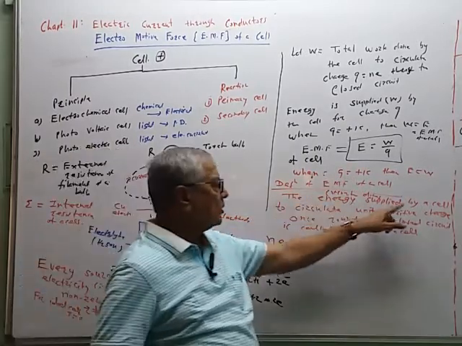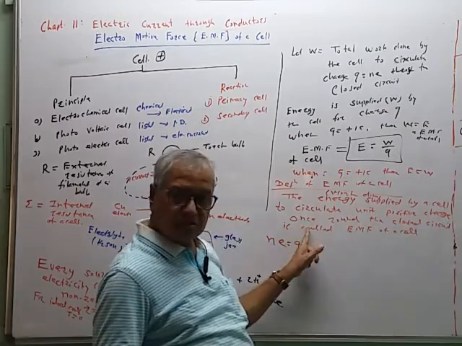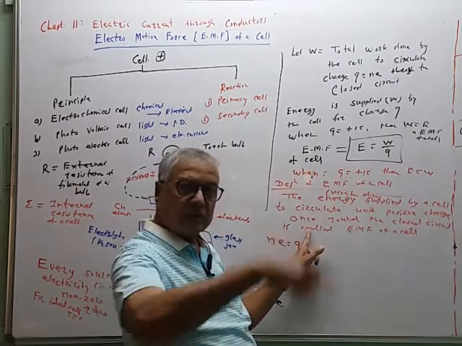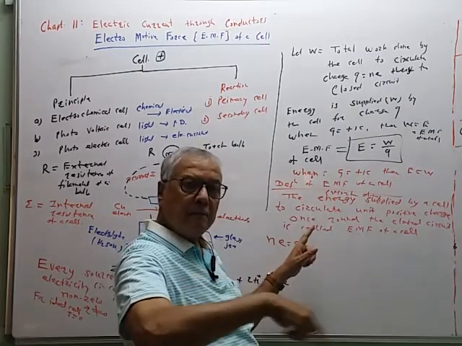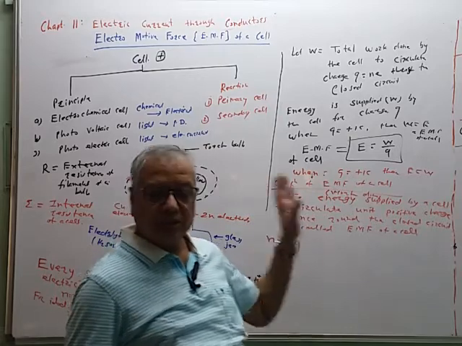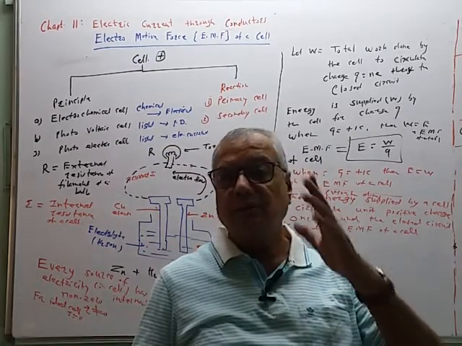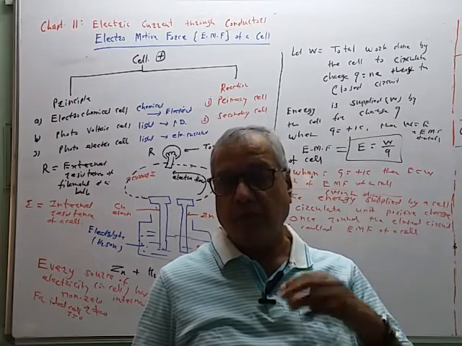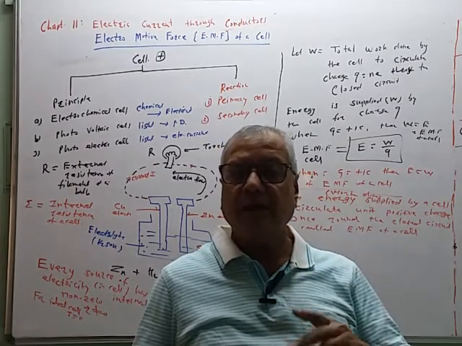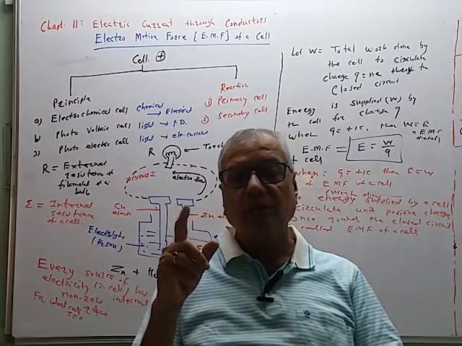It is the work done, or the energy supplied by a cell, to circulate unit positive charge once. Electrons are circulated again and again like this. The role of the cell is similar to our heart. The heart has a pumping action and it is used to circulate blood through our whole body.